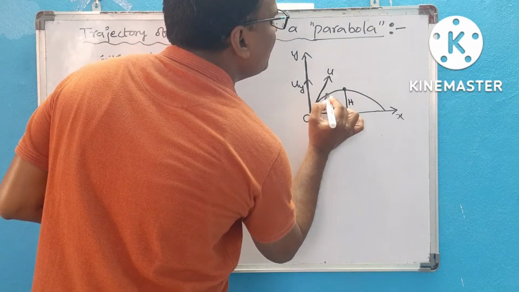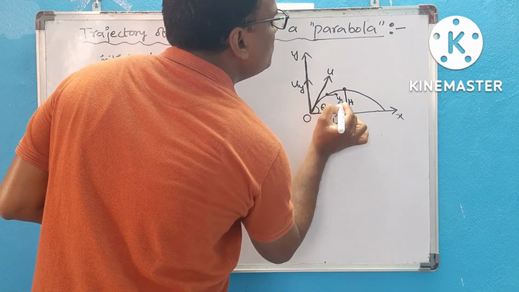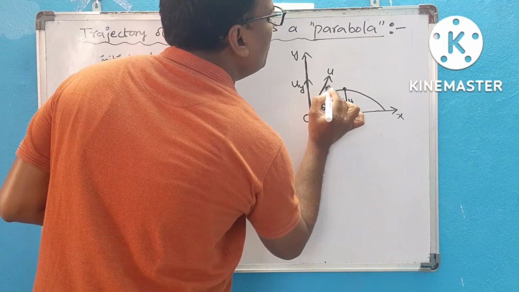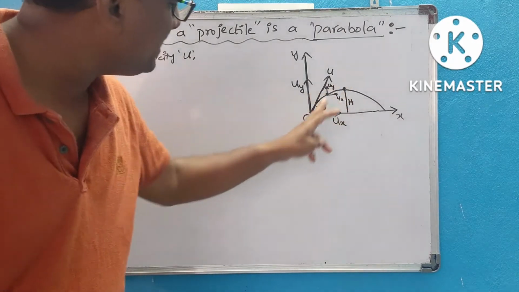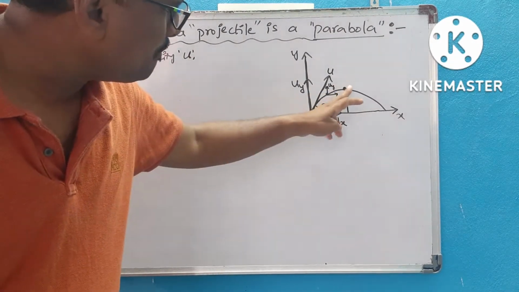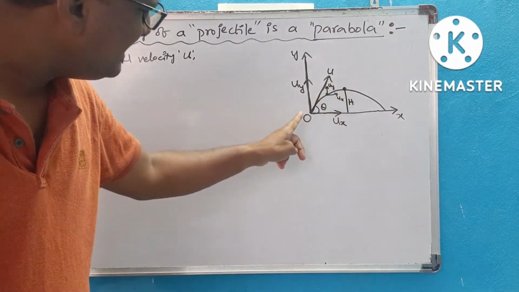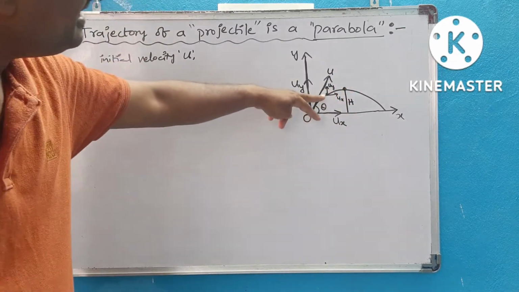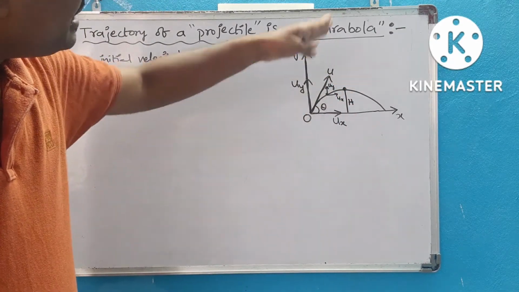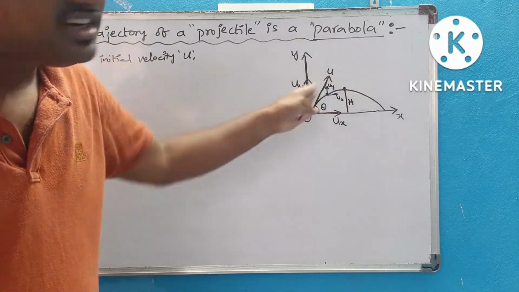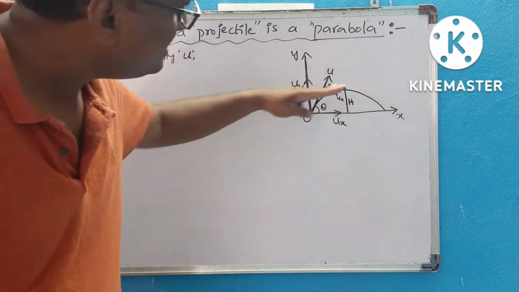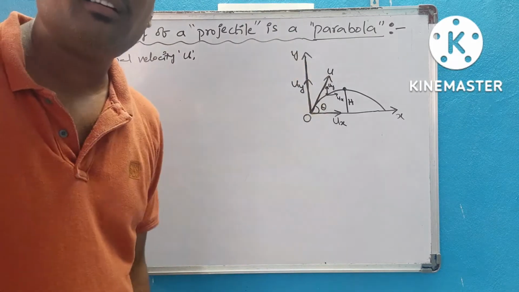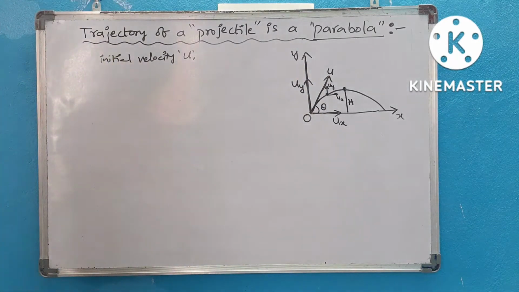Here also I can write, this is the ux, this is the uy. At any point from the origin to the maximum height point, the velocity of the projectile can be divided into a horizontal component and a vertical component.